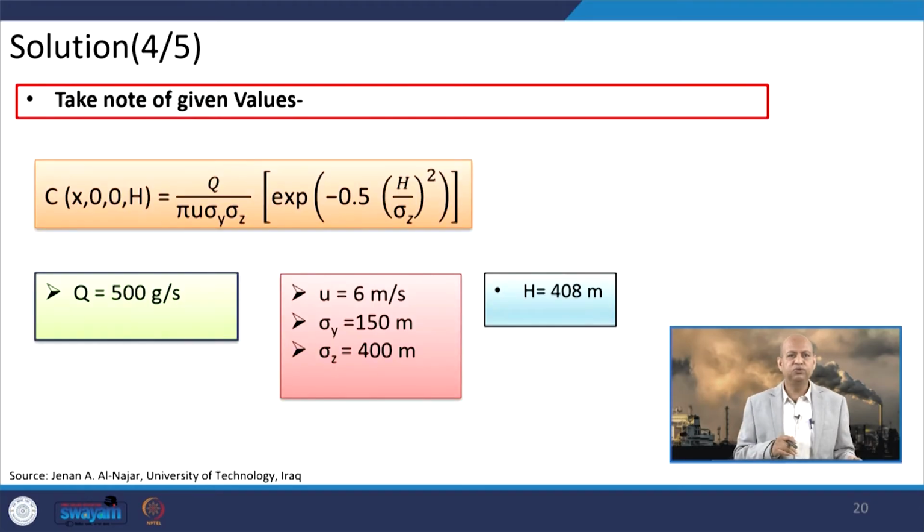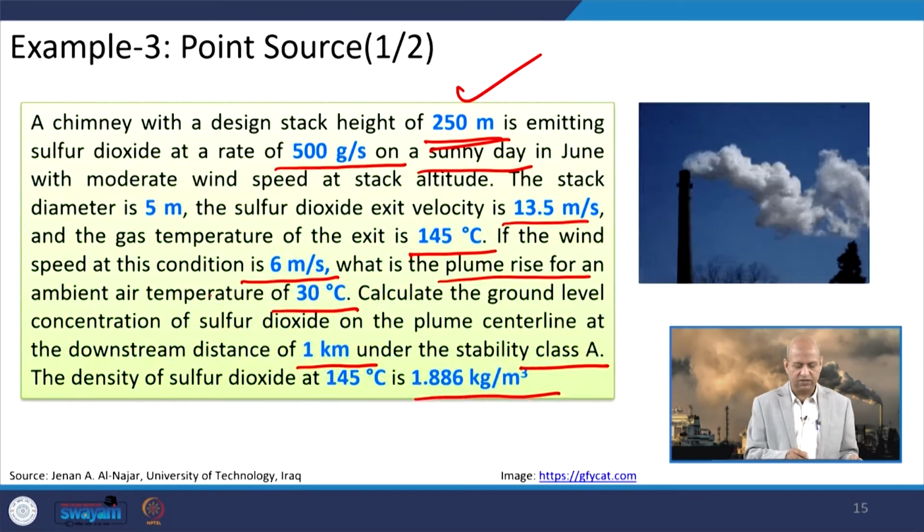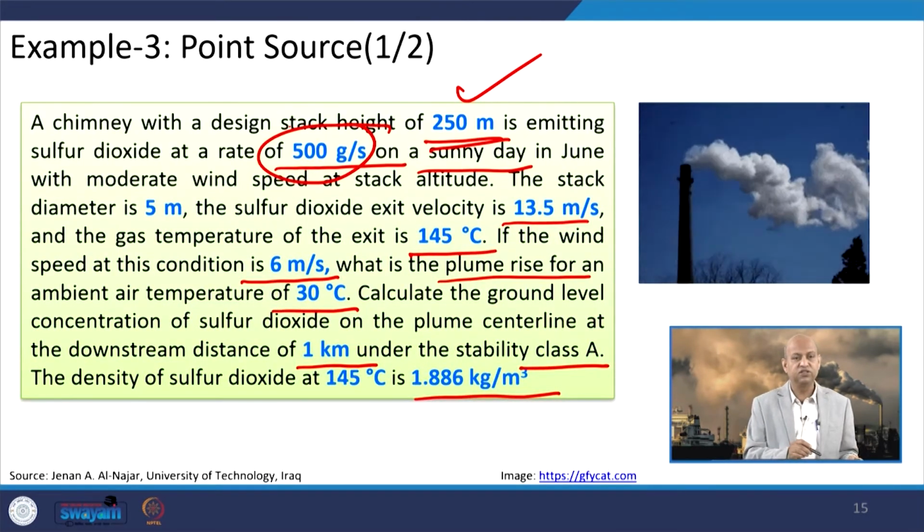Now, what we need to do? We have to put these values into the equation: sigma y, sigma z, q is given already, H we have calculated as the effective stack height 408, and u is also given. q is 500 gram per second, you can see here, this is the q value.